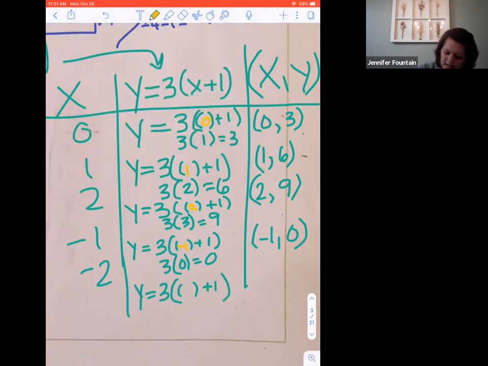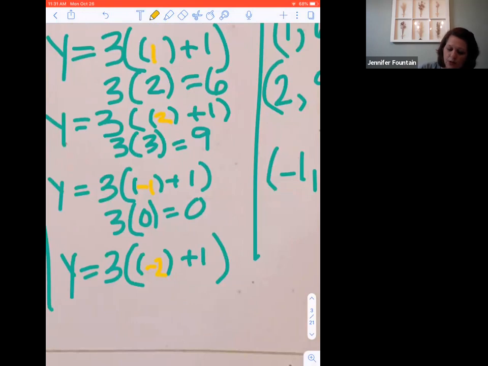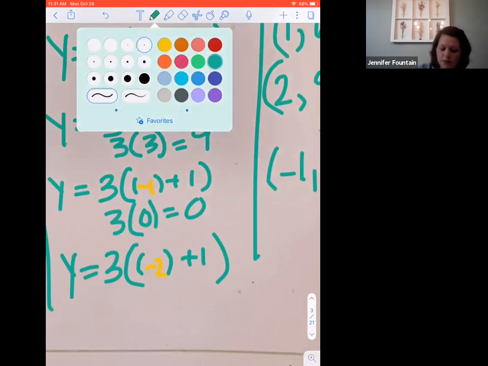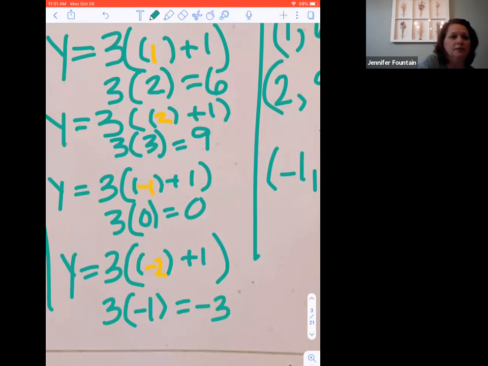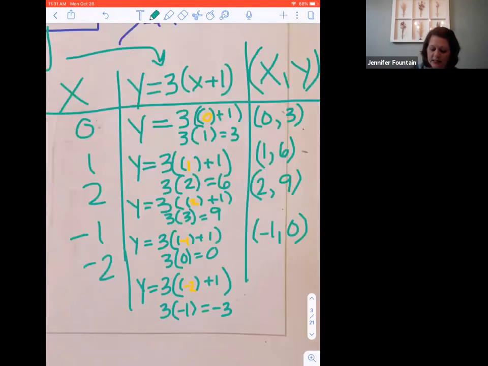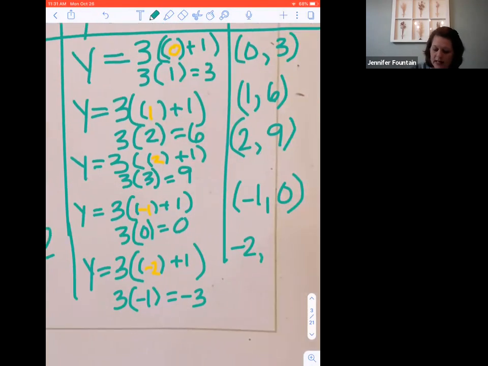I'm plugging in a -2. So -2 plus 1. Okay, think about this again. Be very careful with your positives and negatives. -2 plus 1 is -1. And 3 times -1 is -3. So that means if x is -2, y is -3.